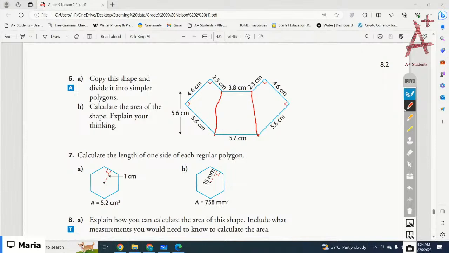Then you can calculate the area of the trapezoid and then you have to add them, right? This one and this one are exactly the same, aren't they? Just this one is different. Let's just calculate the area of the trapezoid.